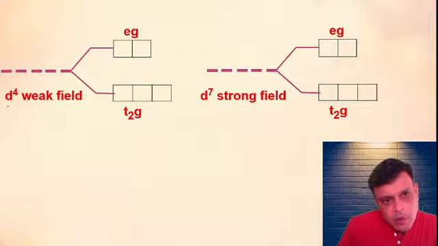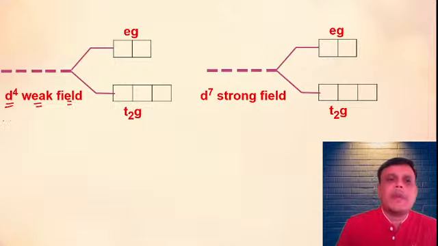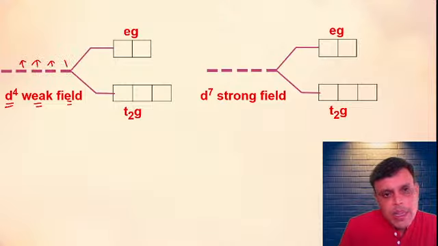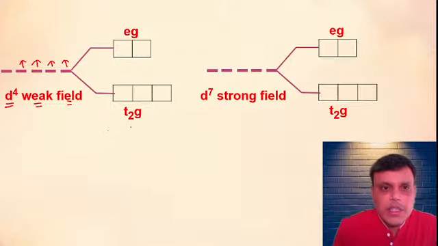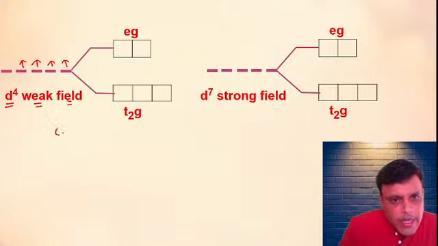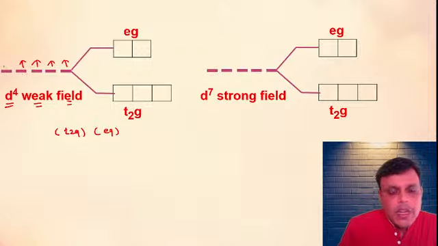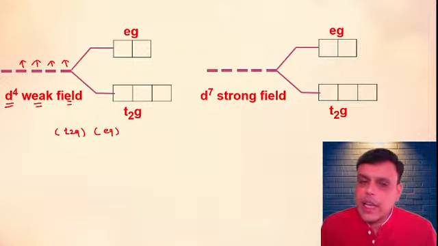Let us take the d4 system, and your complex is weak field. You have to fill the 4 electrons of the free metal ion in the weak field complex, in t2g and eg orbitals. So draw this diagram and fill the 4 electrons in t2g and eg orbitals according to the rules.